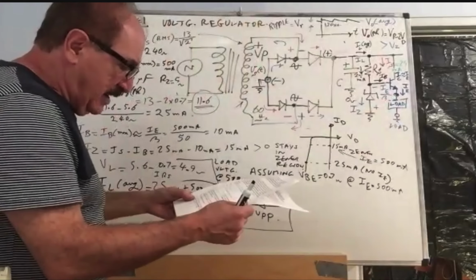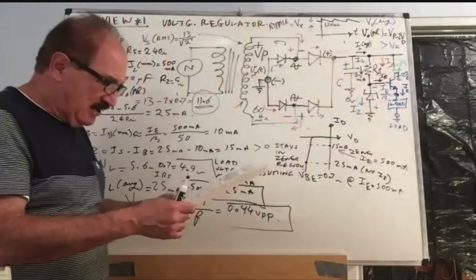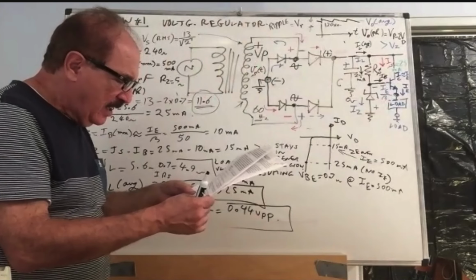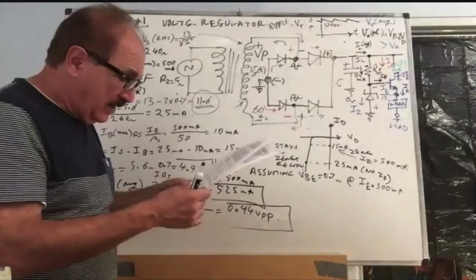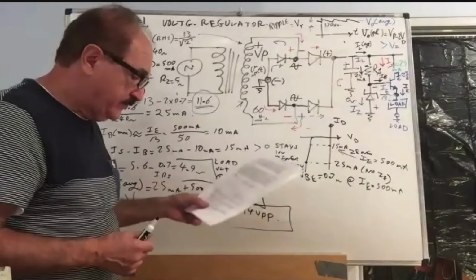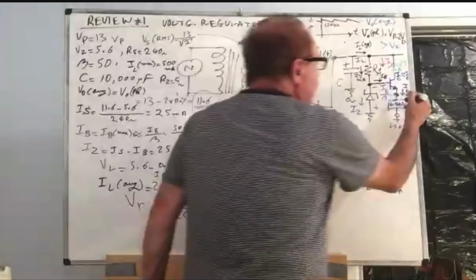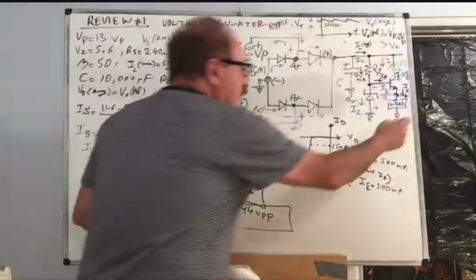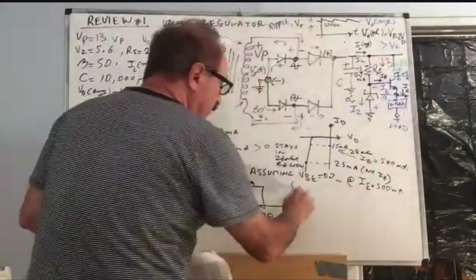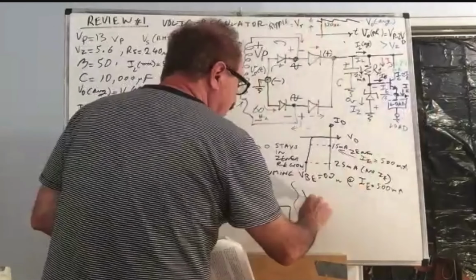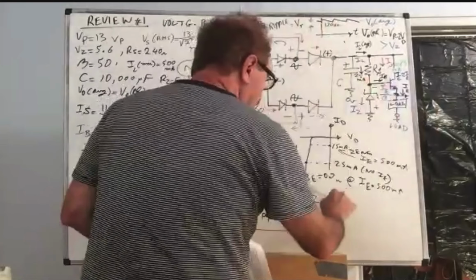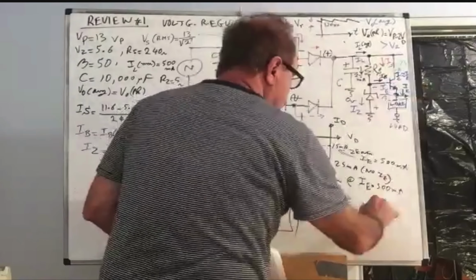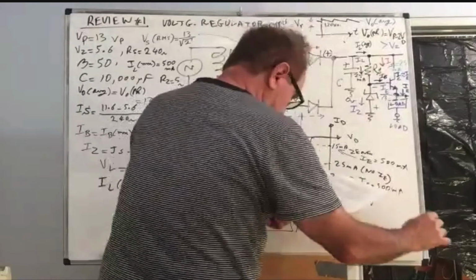Okay, now regulation. Okay, here it is. Ripple. How much ripple do we anticipate we will get at the output? Think about it this way. VZ minus VBE is equal to, let's say, VL.